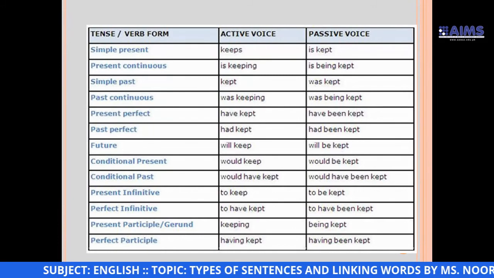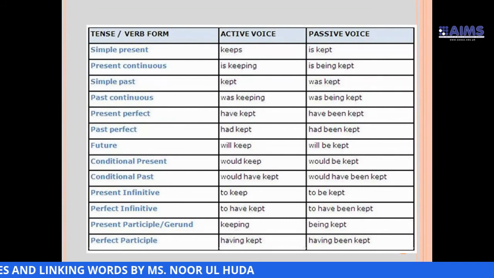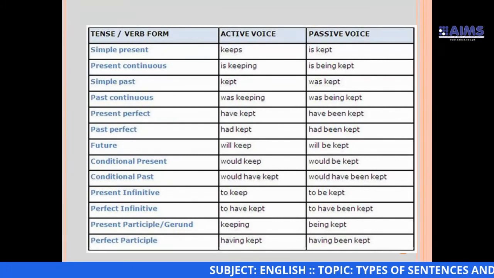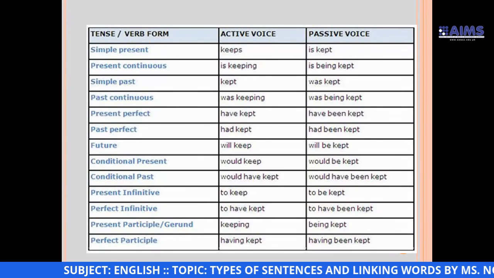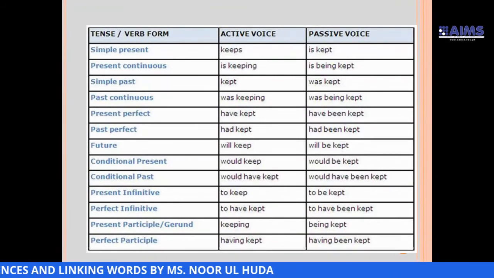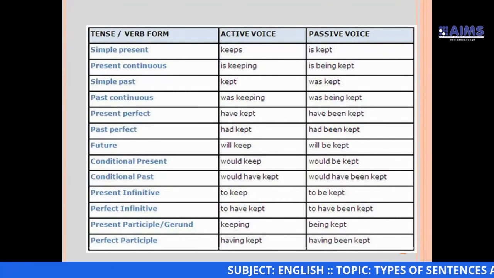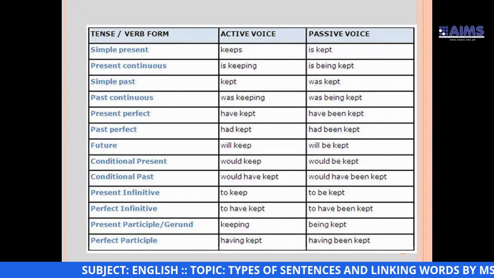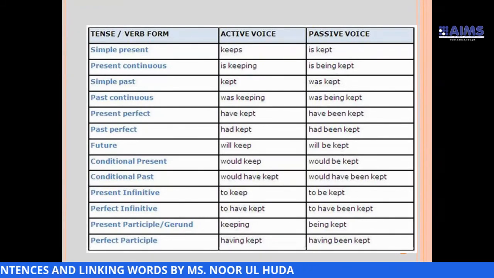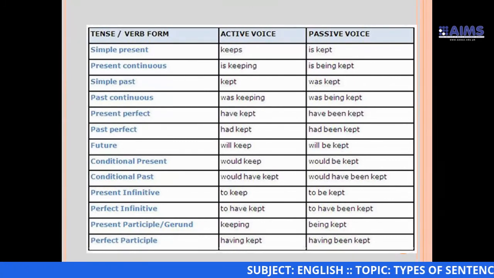There are multiple ways. Let's suppose simple present tense. If the sentence is like "he keeps the secret," then "the secrets are kept by him" or "the secret is kept by him," depending on the form of the object.